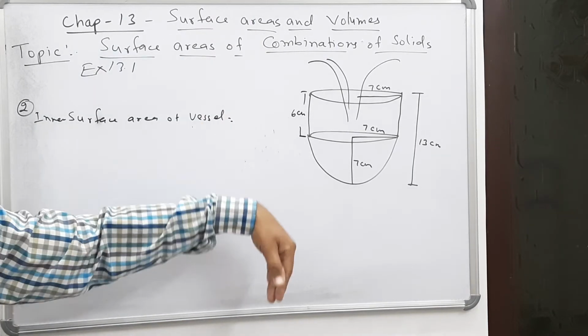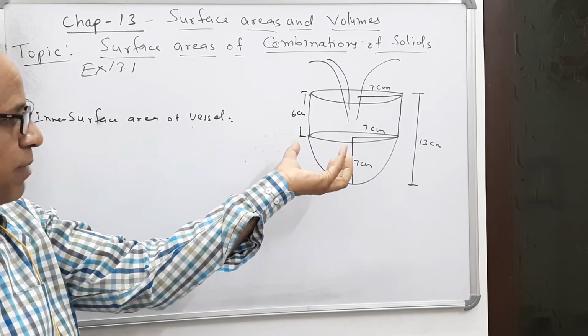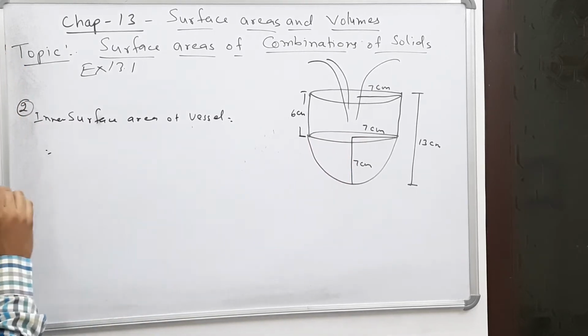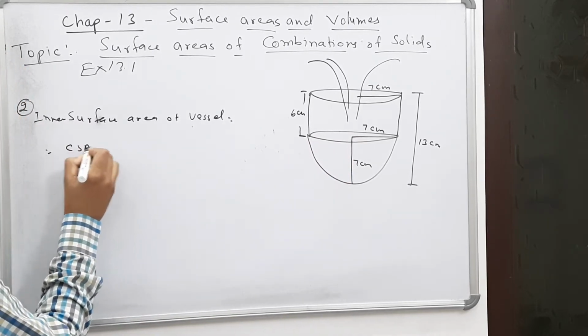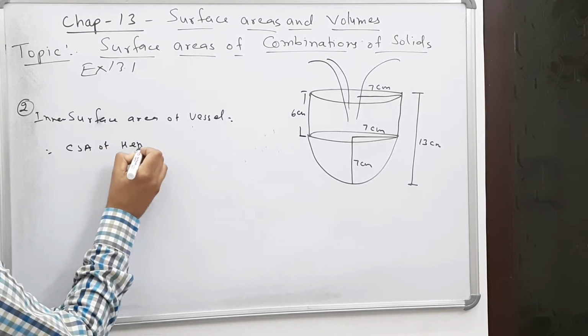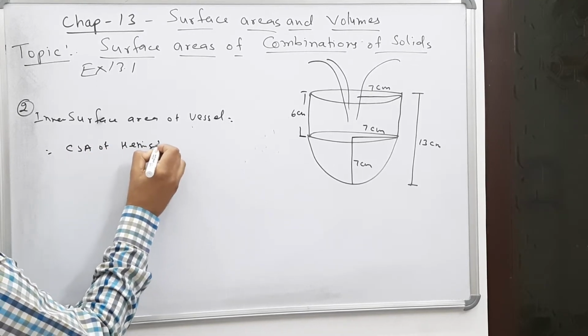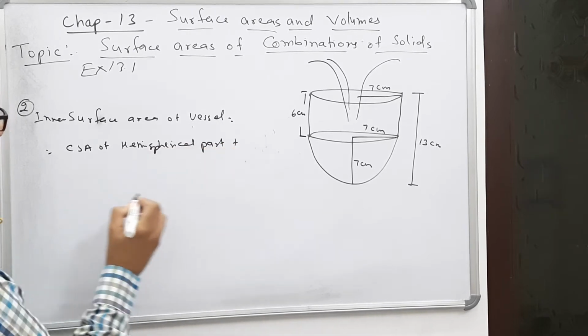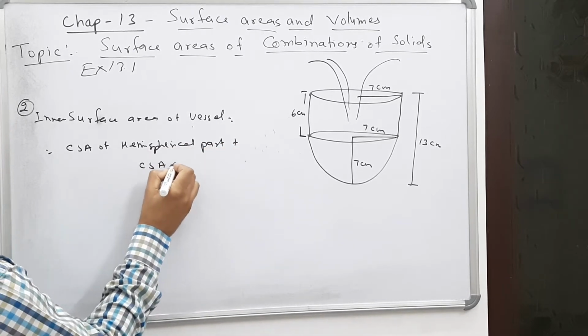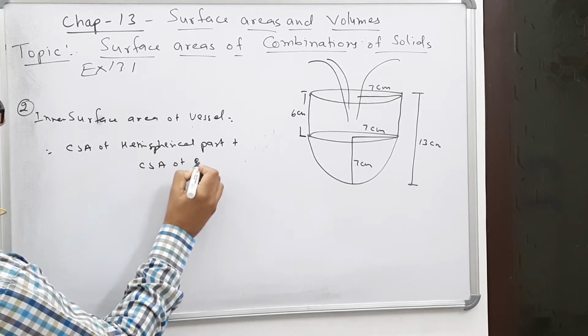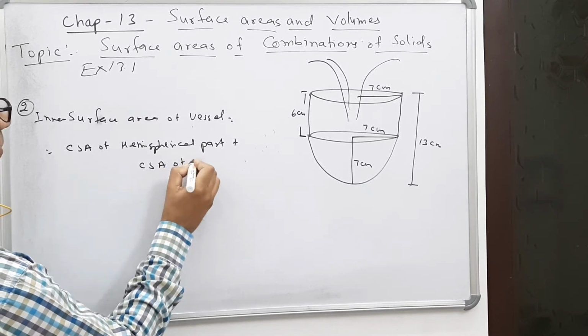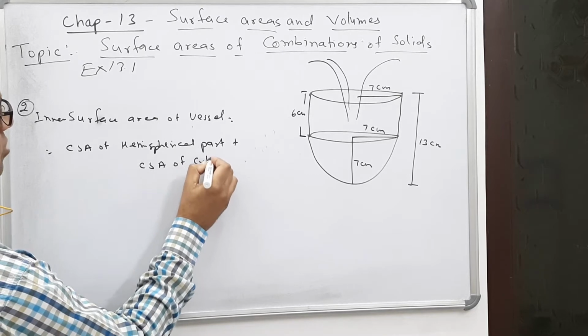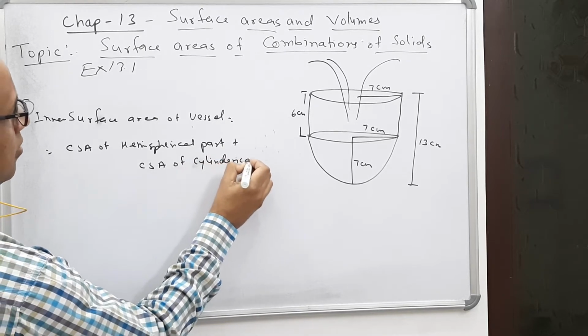So when you say inside this bowl part, inner surface area will be CSA of hemispherical part plus CSA of cylindrical part. It is made by the combination of these two.